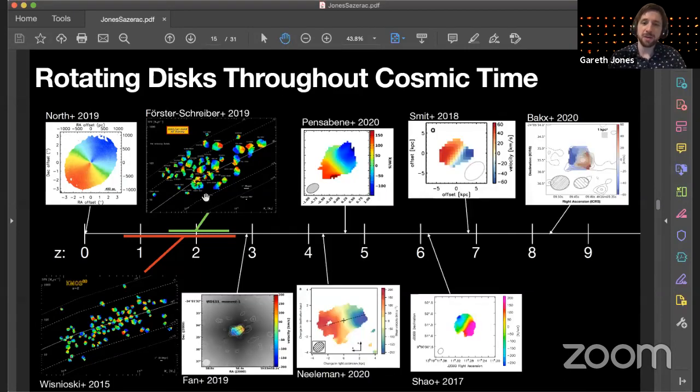And if we move out to higher redshifts, all the way up to redshift 8.3, we find evidence for rotating galaxies, mainly from the detection of a well-ordered velocity gradient. So yeah, ALPINE is 4.4 to 5.9, so finding disks in this redshift range is not ludicrous.